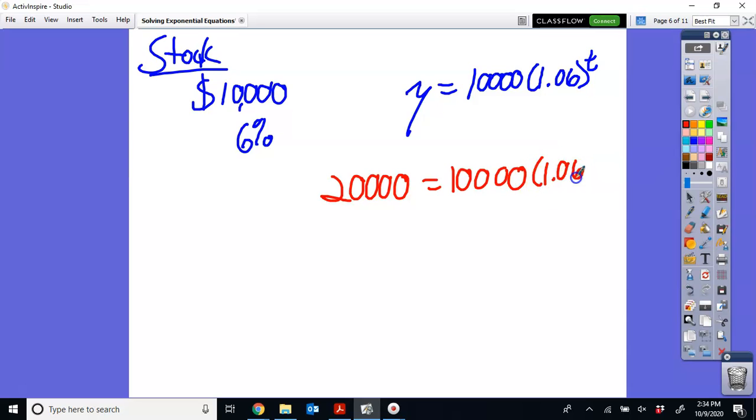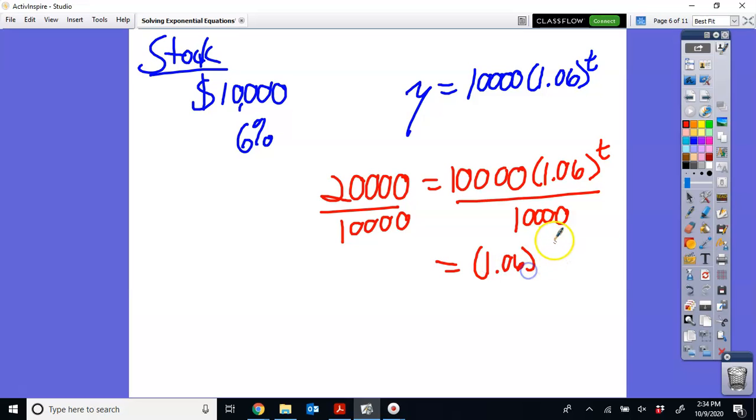So what we do is we plug in 20,000 for Y instead of plugging in a time of 30 years. We do just like I said on the other one. We're going to divide by 10,000 to get this base of 1.06 by itself. So we have this base raised to the exponent equal to 20,000 divided by 10,000, which is 2.